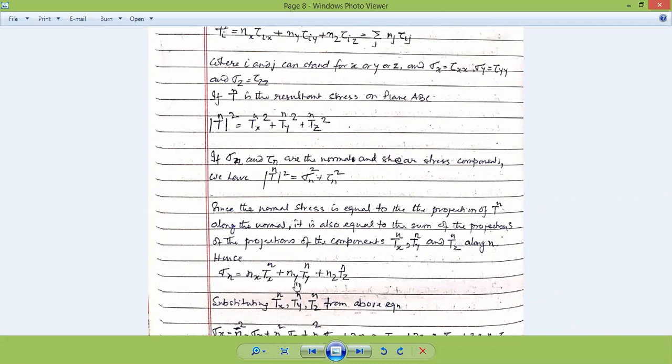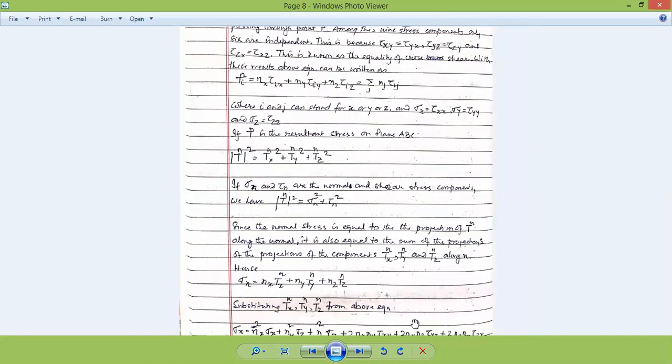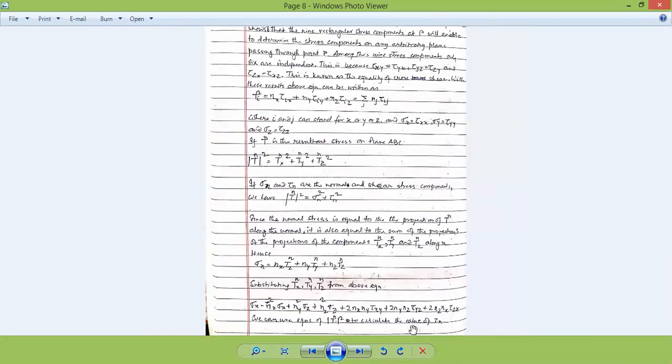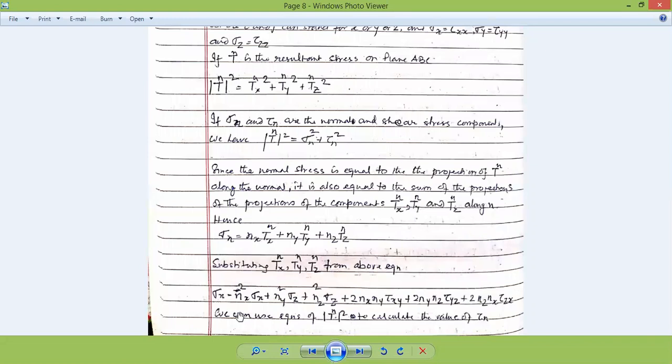This is the projection on the y-axis, and this is the projection along the z-axis. So sigma n is the sum of the projections of all the respective stresses itself. And substituting the values of Tx, Ty, and Tz from the above equation, this equation will take the form like this.